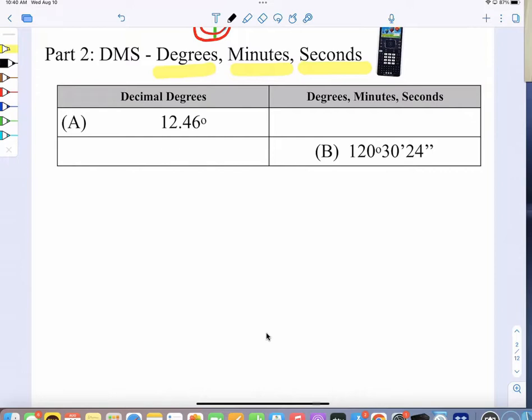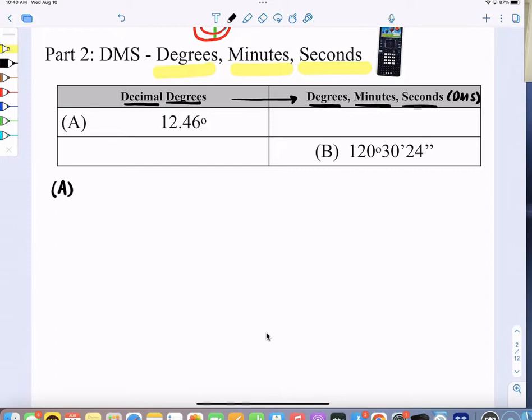12.46 degrees. This is actually decimal degrees right now, but we're going to make it into DMS: degrees, minutes, and seconds. So we have decimal degrees, 12.46 degrees. Okay, so now, A. We need degrees, we need a minute, and we need a second.